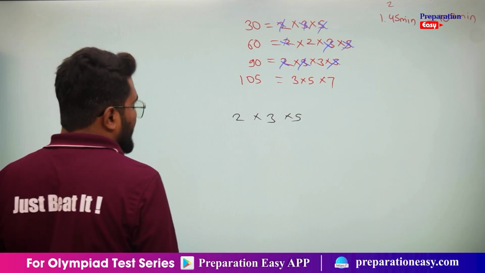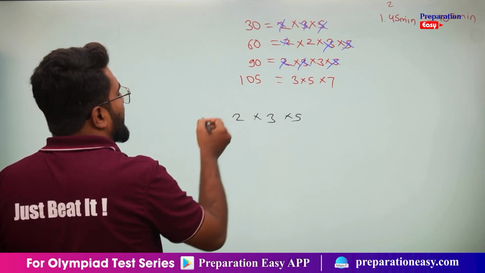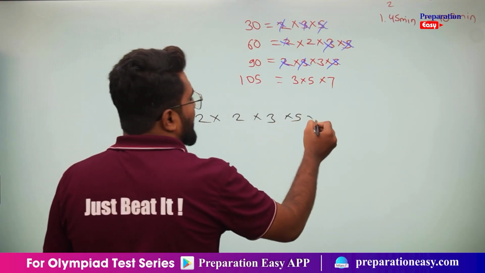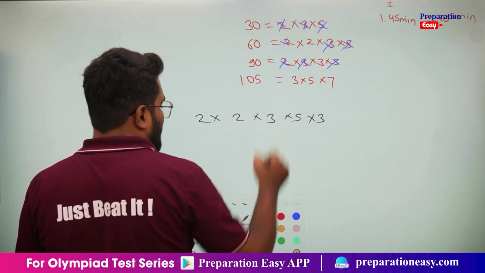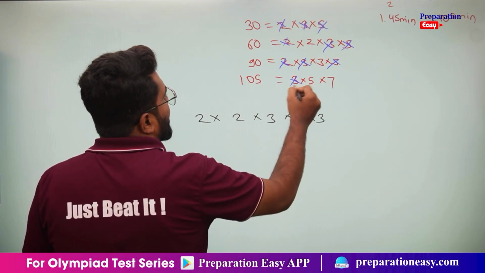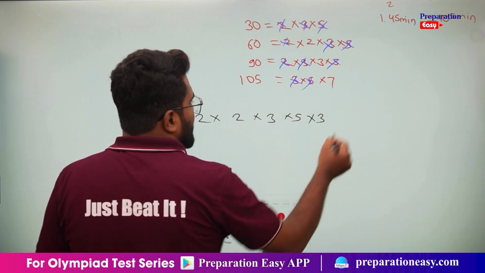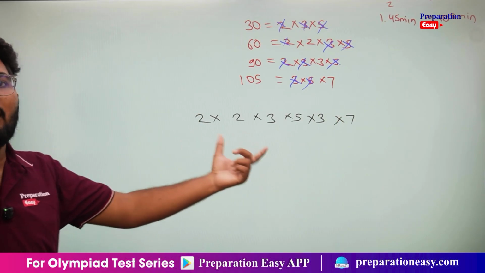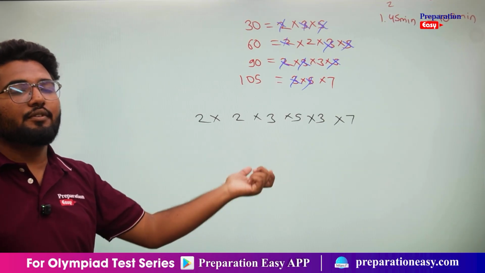Now what is remaining? In the first one all are finished. In the second one 2 is remaining, so multiplied by 2. In the third one 3 is remaining, so multiplied by 3. And in the last one, 3 and 5 were cancelled, so 7 is remaining. So we have to multiply all these numbers. We will get the LCM, then convert it to hours.